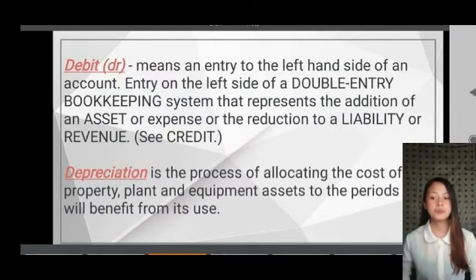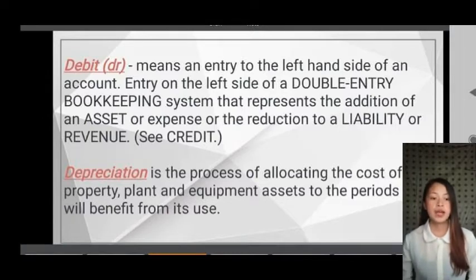Next is depreciation. Depreciation is the process of allocating the cost of property, plant, and equipment assets to the periods that will benefit from its use. So, depreciation is an account that represents how much of an asset's value has been used up.